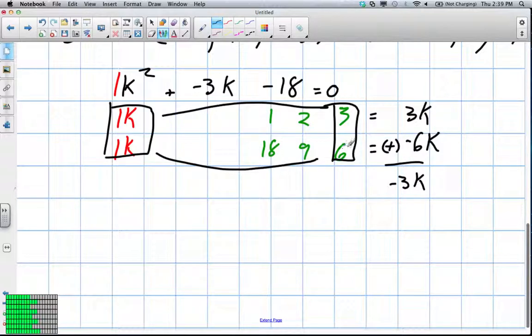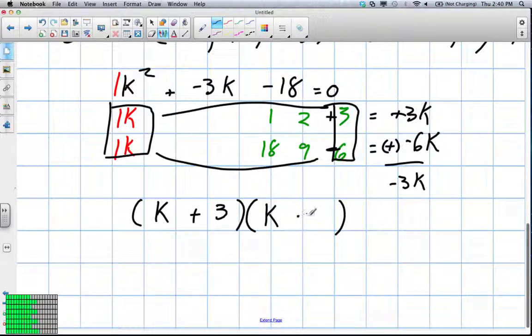If I make the 6 negative, I'll get -3k. So my first terms are k and k, and my second terms are +3 and -6, equal to 0.